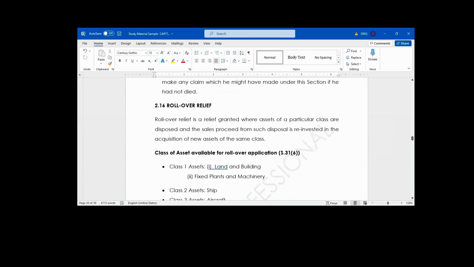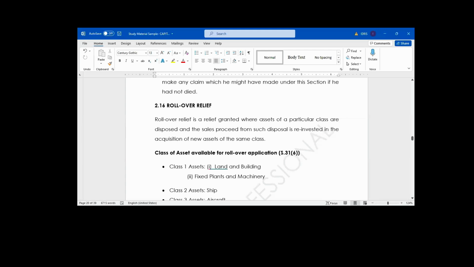In my write-up, I said rollover relief is granted when an asset of a particular class is disposed of and the sales proceeds from such disposal are reinvested in the acquisition of a new asset of the same class. What we are saying is, you have a building, you sell that building, and you use the sales proceeds to purchase another building in another location.